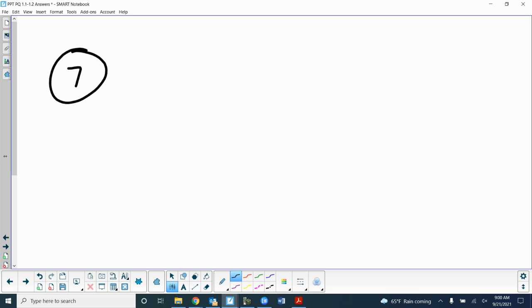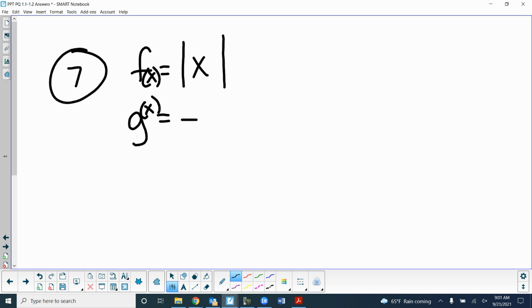All right, so number 7. We got the parent function, absolute value. Okay? It says write a function g whose graph represents a reflection in the x. All right, so that's the first thing. Reflection in the x means a change in the y. f of x, right?